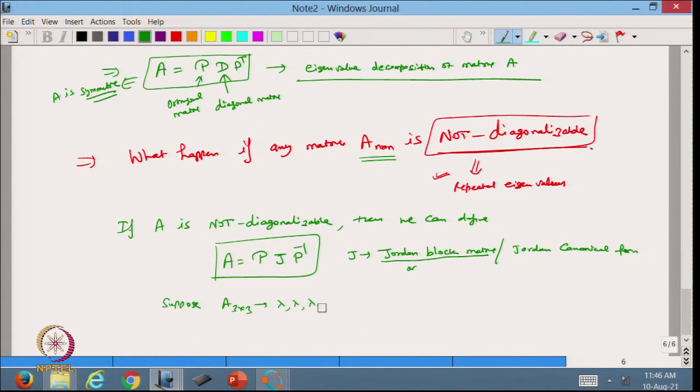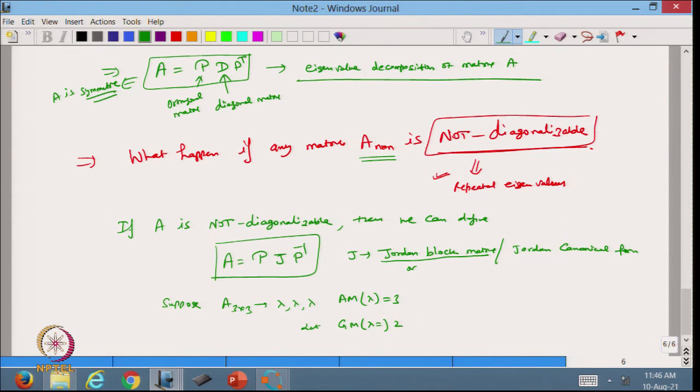So, this is my repeated eigenvalue, and the algebraic multiplicity of lambda is 3, and let the geometric multiplicity of lambda be 2.